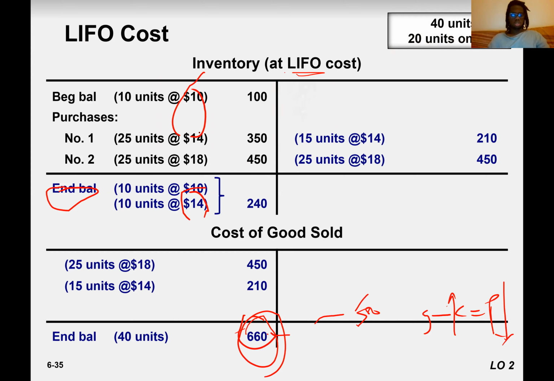This ending inventory will go to the balance sheet, so we can say that our balance sheet is not up to date. Our balance sheet contains older prices, right? It is not inflation adjusted, which means the effect of inflation is not there in this balance sheet.